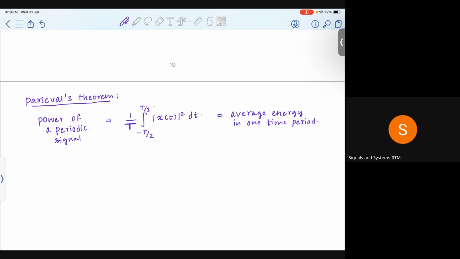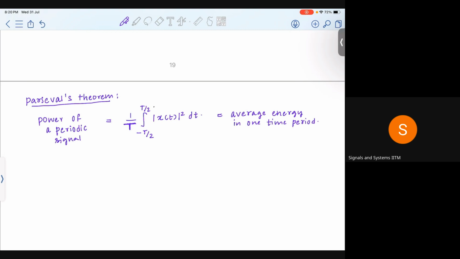The definition of power itself is the average energy. In school, generally in mechanical concepts, power is defined in that way. Here it is the definition too. For any periodic signal, the power is the average energy within one single time period. And how do we take the average?